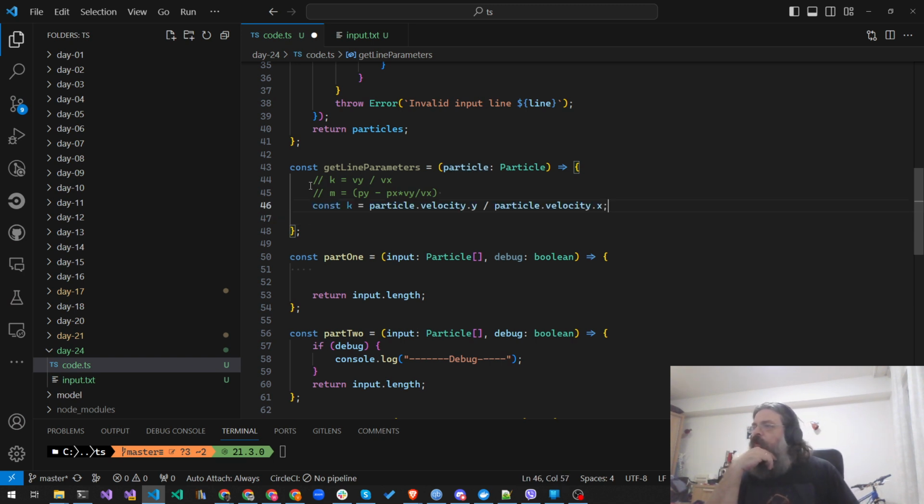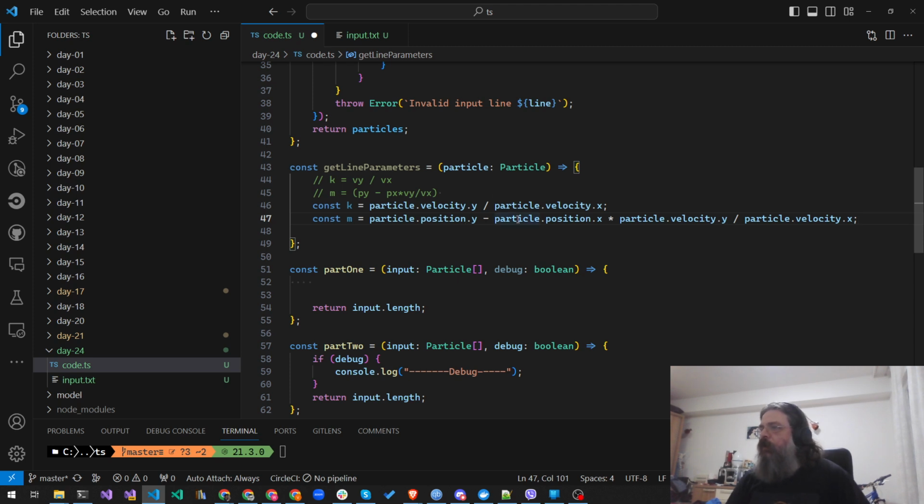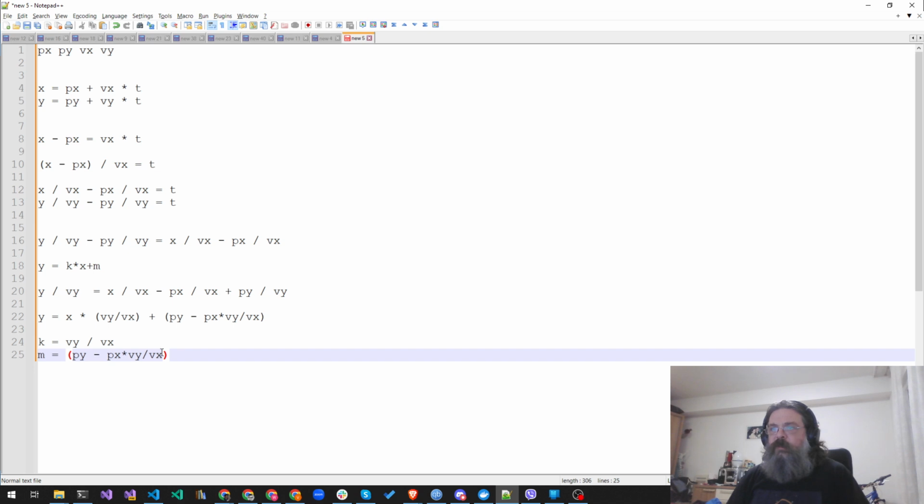Particle velocity y divided by particle velocity x, and then we have m that says position y minus, yeah, this is actually the same thing as k if I'm not mistaken, so yeah, we can actually put this here.